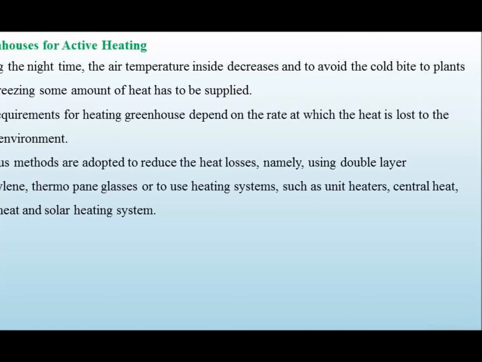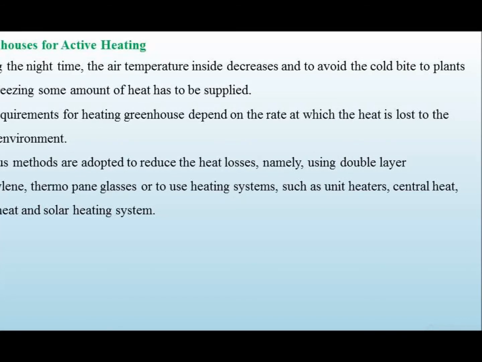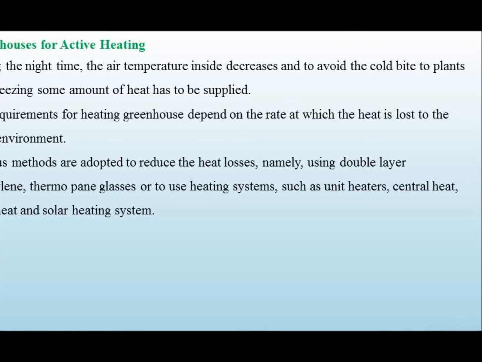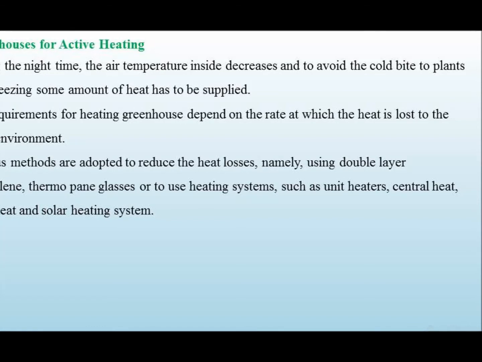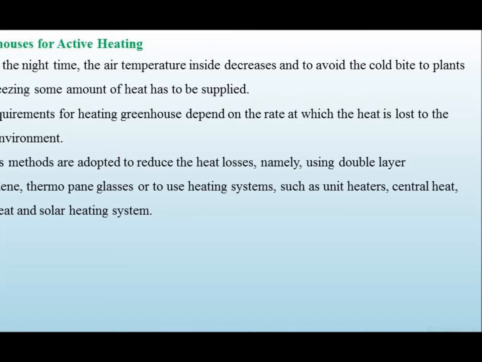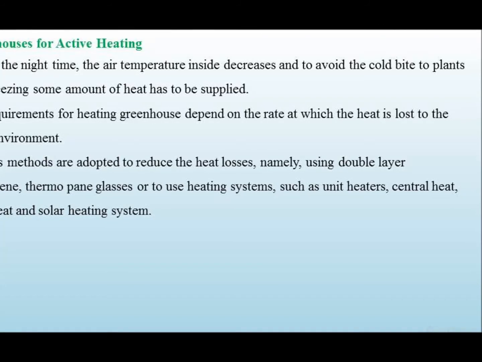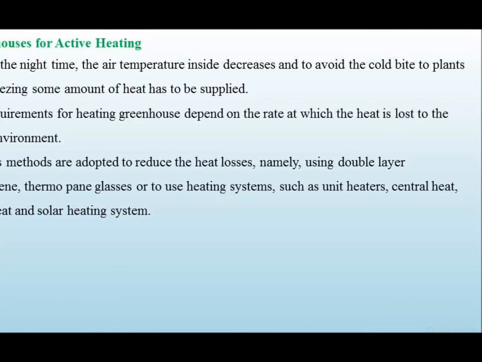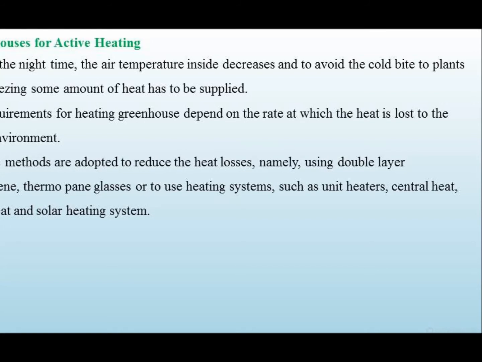So to maintain the optimum temperature and sustain the growth of the plant, there is a need to reduce the heat losses from the greenhouse. And to reduce the heat losses, various methods are adopted.